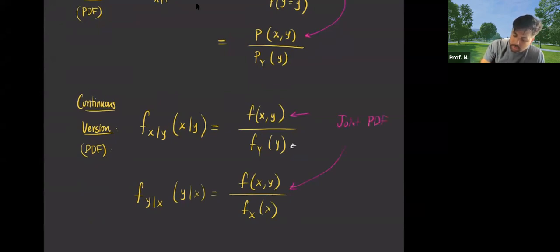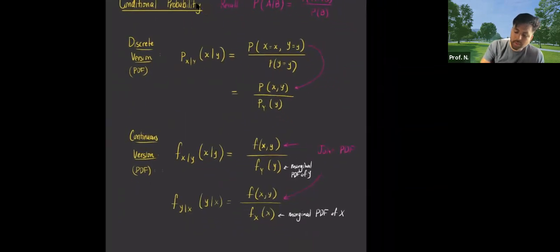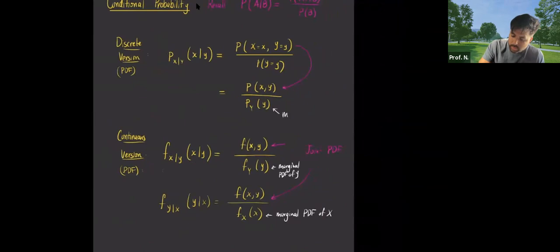Underneath here is the marginal PDF of y, and this is the marginal PDF of x. Up here is the joint PDF of x and y.